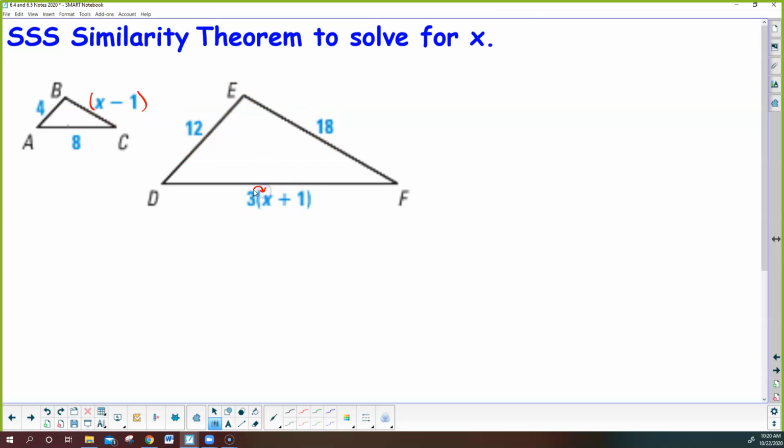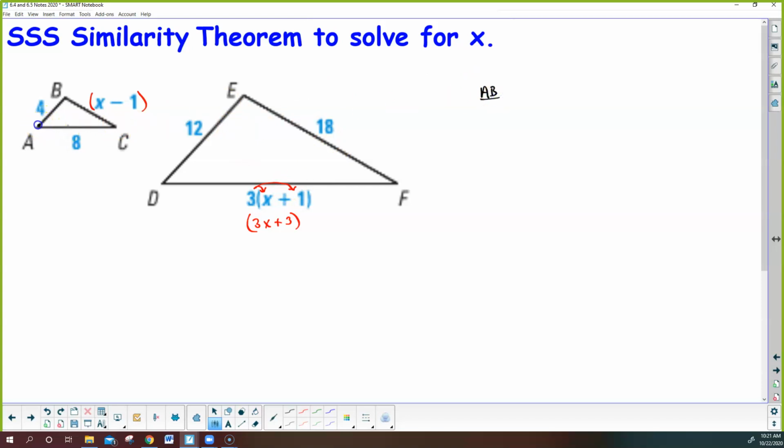What I would do first is see how it's 3 times x plus 1. Let's just distribute that so it doesn't look so crazy. And I'm going to refer to DF as 3x plus 3, because then I don't have to worry about distributing later on. So what has to be true? Well, we want to find the value of x that makes these 2 triangles similar. Well, what I would do is let's start off with our statement.